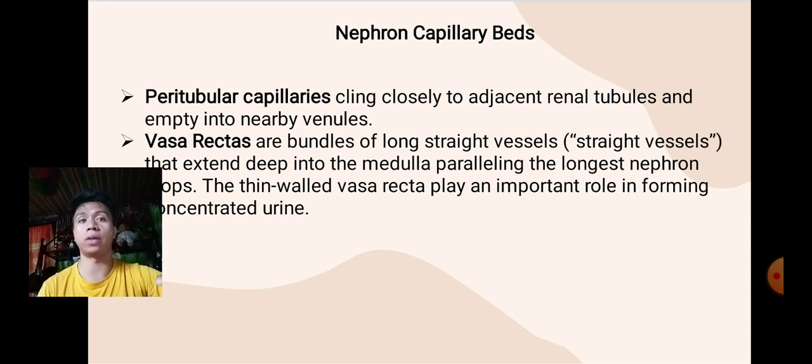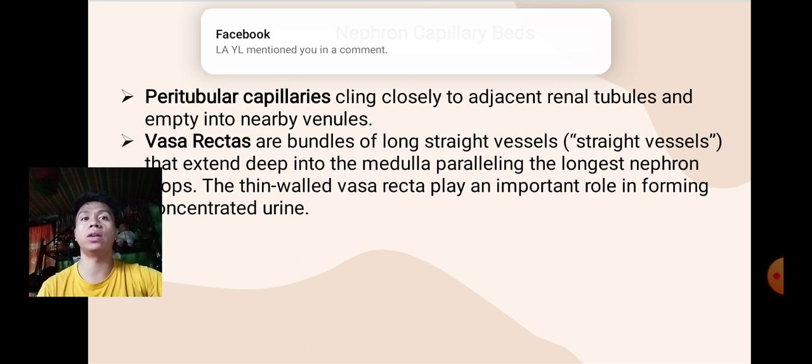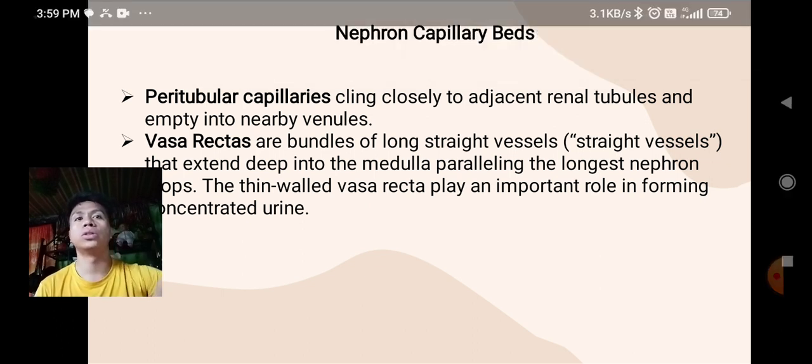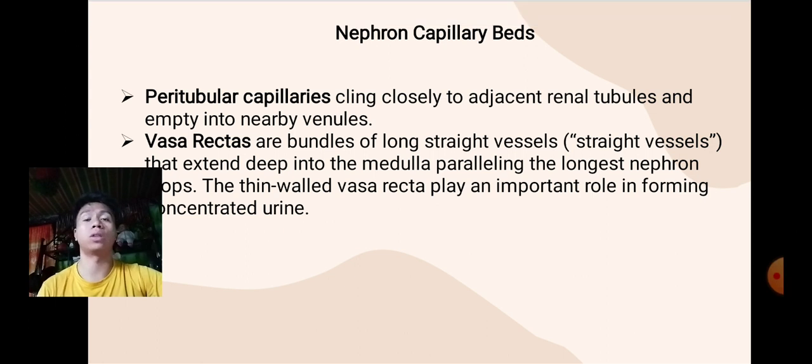Since they arise from the high-resistance efferent arterioles, they experience low pressure. By this low pressure, the porous capillaries can directly absorb solutes and water from the tubule cells as these substances are reclaimed from the filtrate.